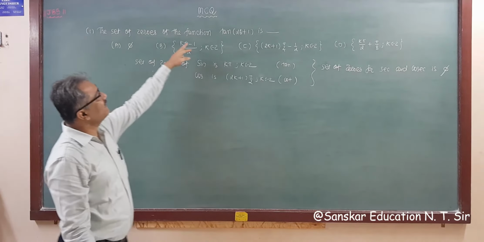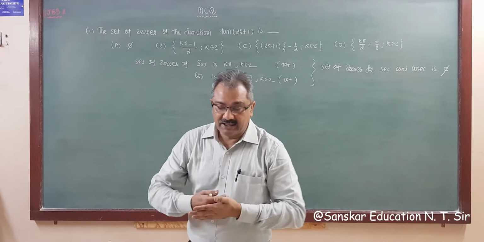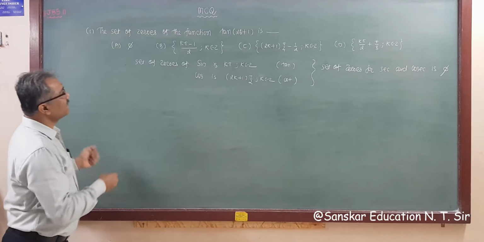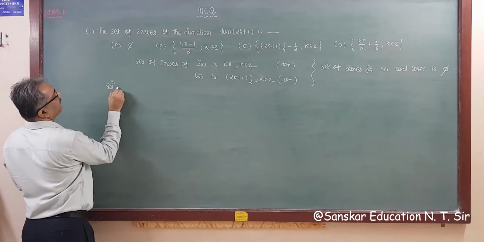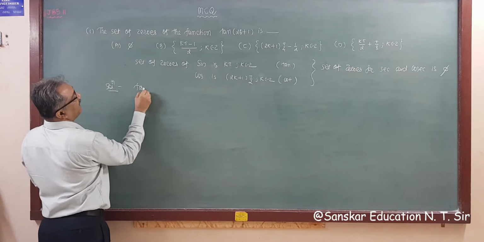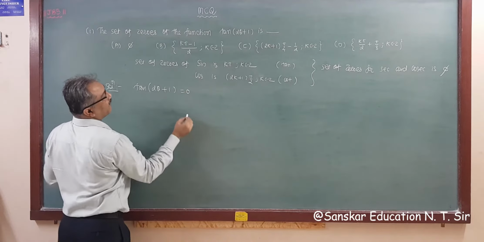Now what is given? tan of (2 theta plus 1) equal to 0, that is given, right? So the solution: tan (2 theta plus 1) is equal to 0.